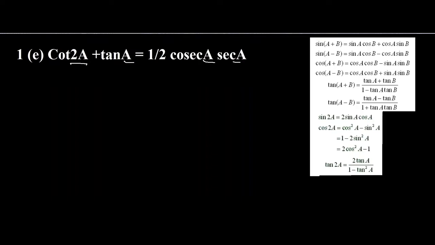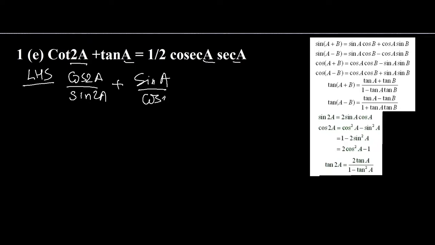So best would be that we take the help of sine and cos, which connects all of them. So let's focus on left hand side. So cot 2a is cos 2a over sine 2a. And similarly, tan a will be sine a over cos a.